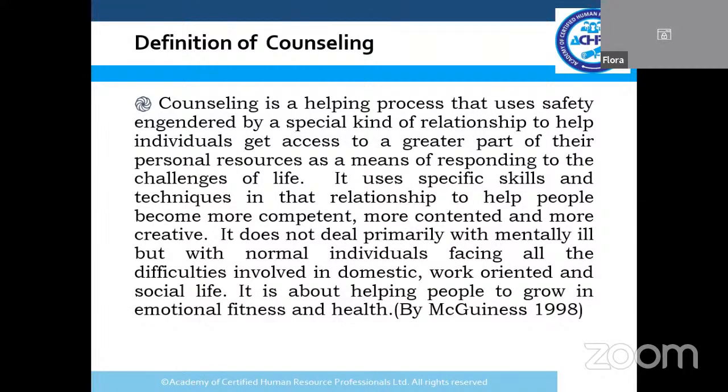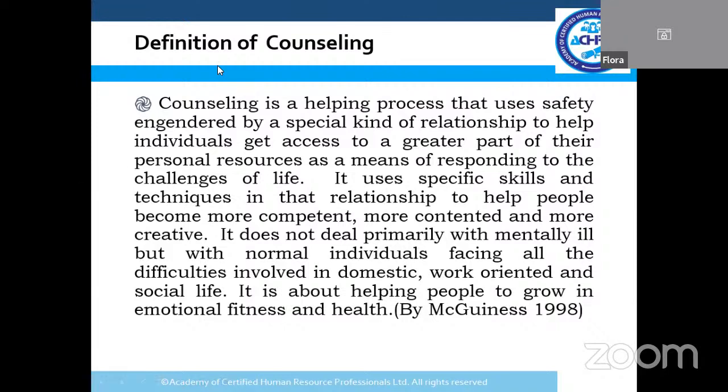They're going to express. They're going to talk. And once they talk, it's so painful, but as they talk, they are venting out those emotions. Emotions can be about the anger they have, the fear they have, the guilt they have, the hurt they have. Once they talk about it, then they are going to be emotionally fit and healthy. That is according to McGuinness.